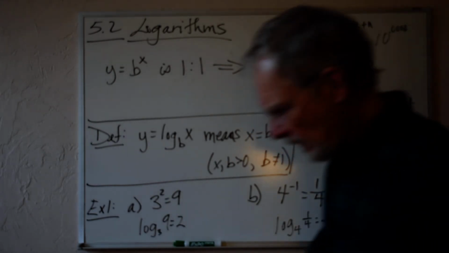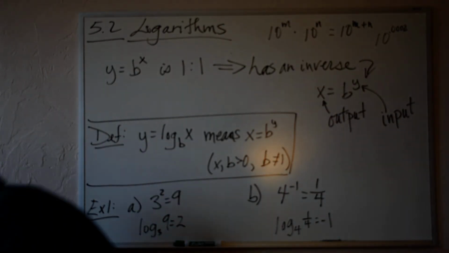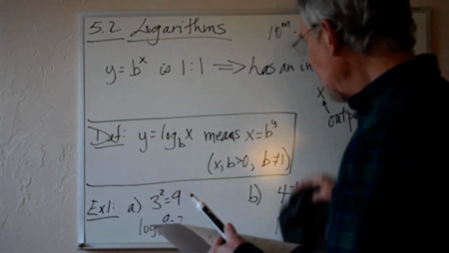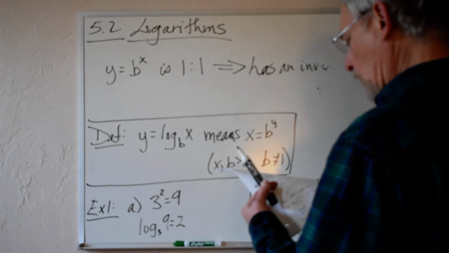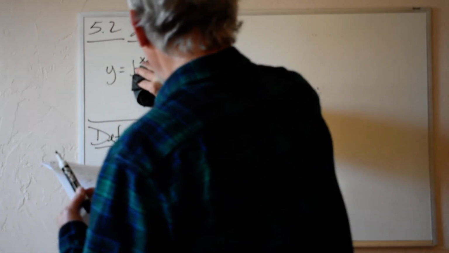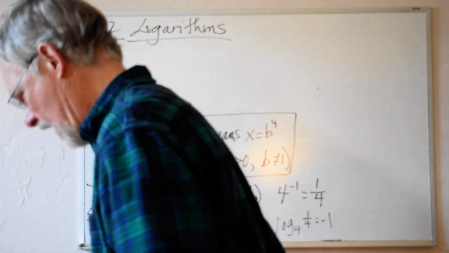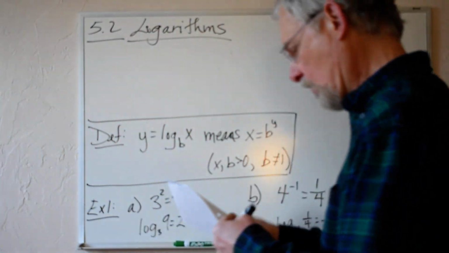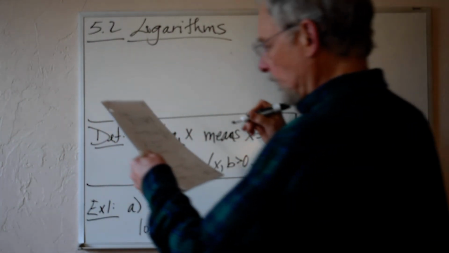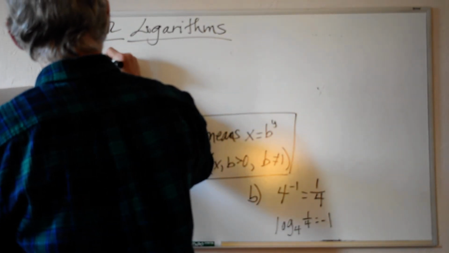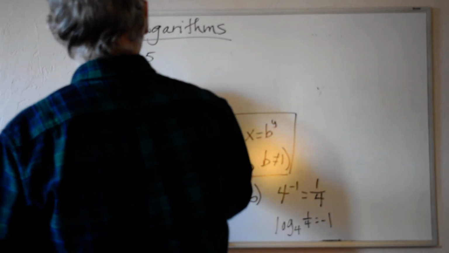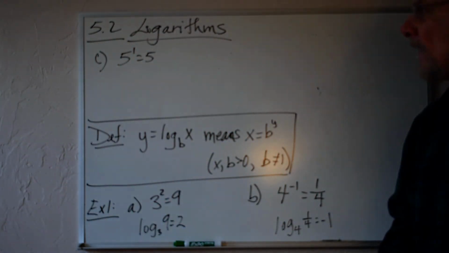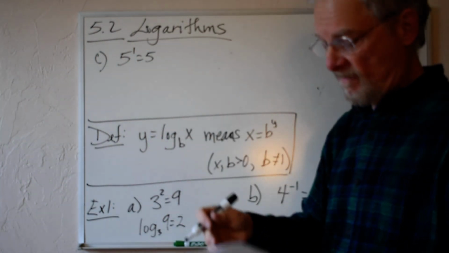All right, let's get the eraser. There's a couple more in there. This is, of course, example 1 on page 327, or perhaps we're around 328, I'm not quite sure. In part C, well, we certainly know that if you take a number like 5 to the power 1, you just get 5 back.